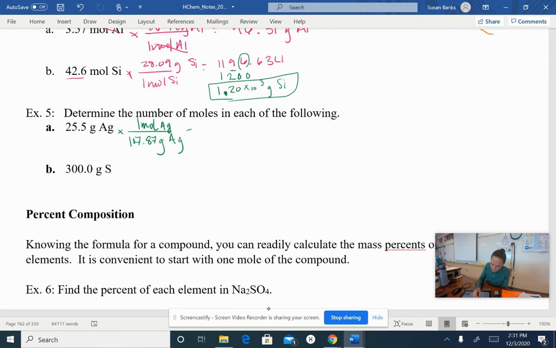With 3 sig figs, I should report 0.236 moles of silver.